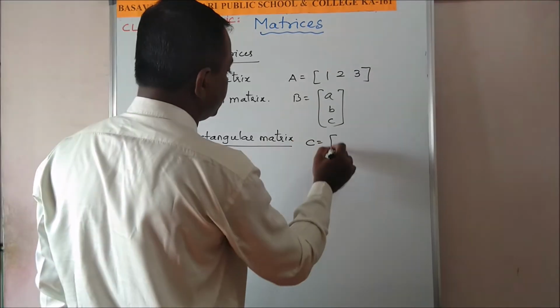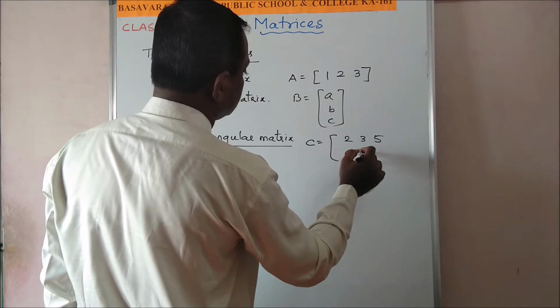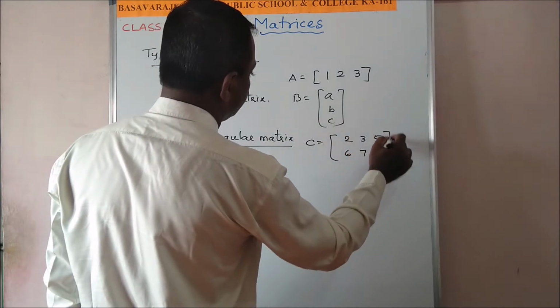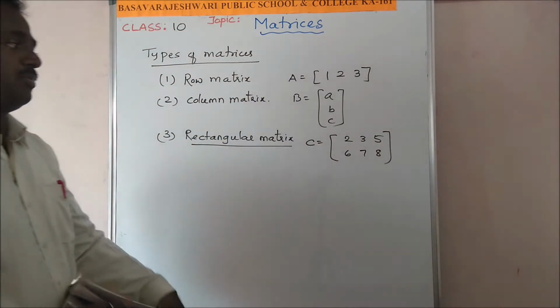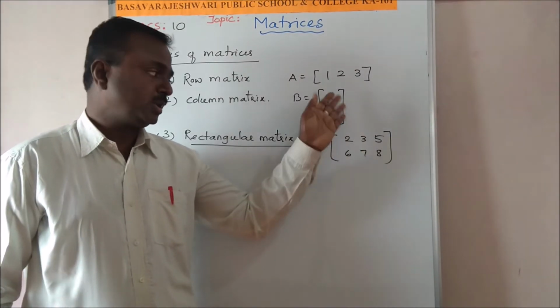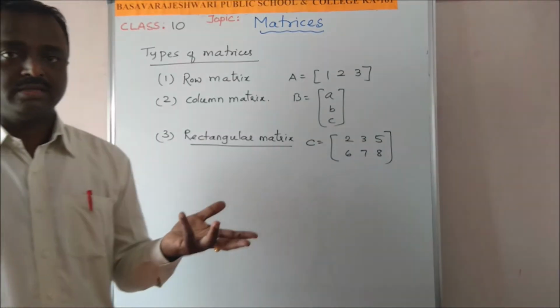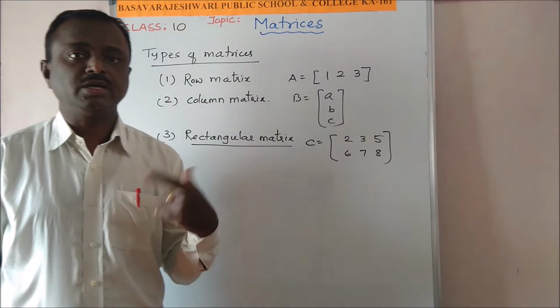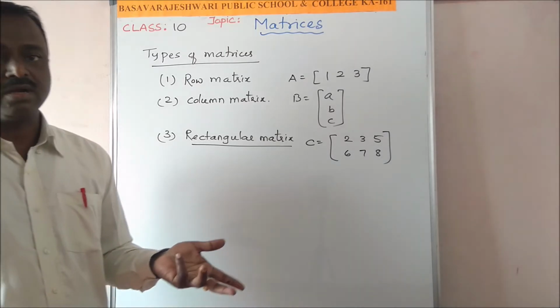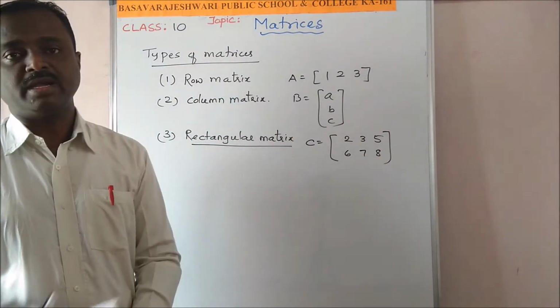For example, C is equal to 2, 3, 5, 6, 7, 8. How many rows are there here? 2. How many columns are there? 3. So they are not equal. Such a matrix is called a rectangular matrix.